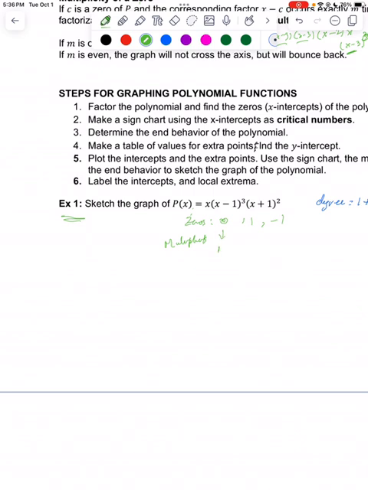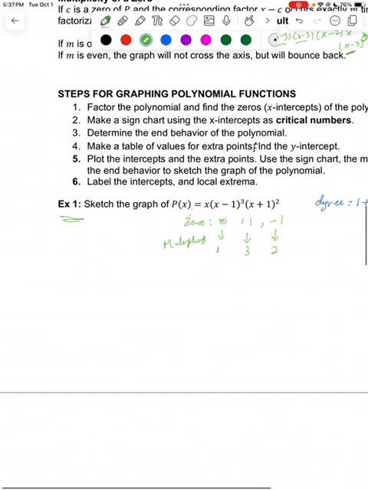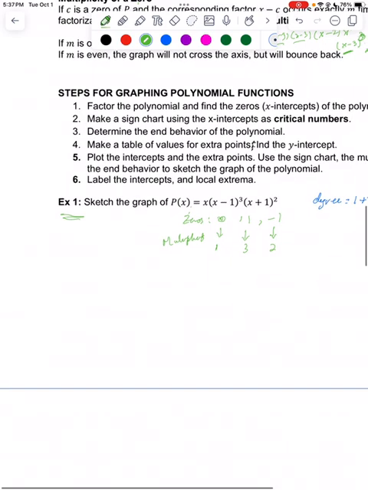And the degree, yeah, in this case, this is already given in factored form. How will you figure out the degree of the polynomial and the lead coefficient? So the degree here will be equal to, what you do is you take the highest power of each factor and add them. If you expand this one, the highest term will be x cubed, and when you expand this, it will be x squared.